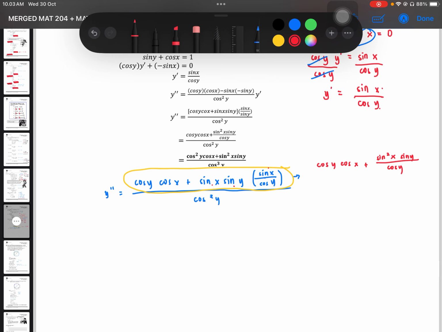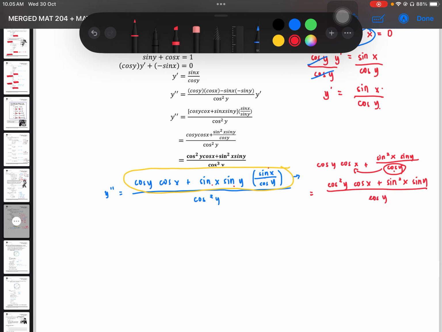So, inayos natin siya. So, ito, si cosine y, we multiply that dito sa una para ang mangyayari sa kanila, cosine y times cosine y will be cosine squared y cosine x plus sine squared x sine y all over cosine y.